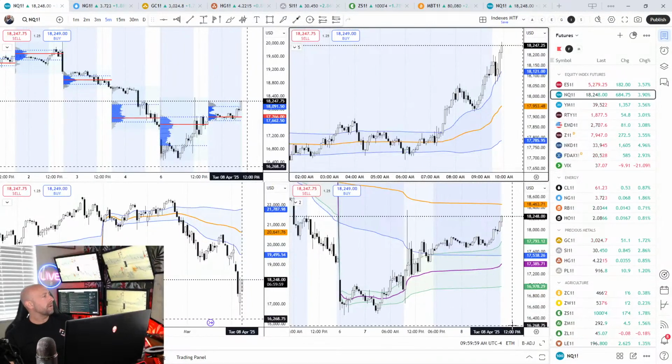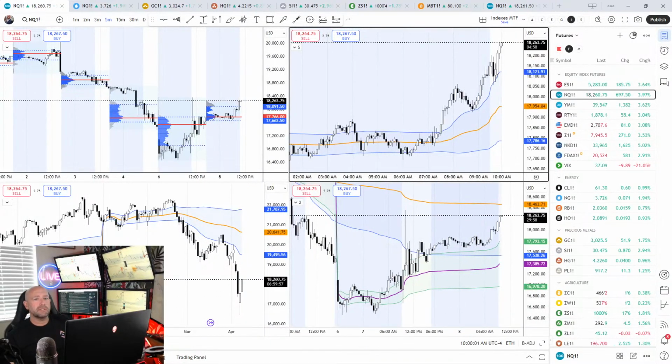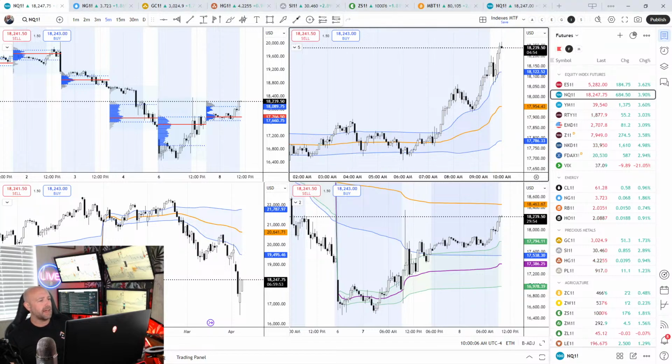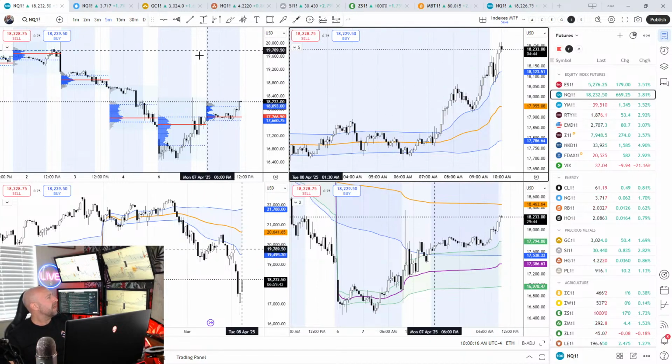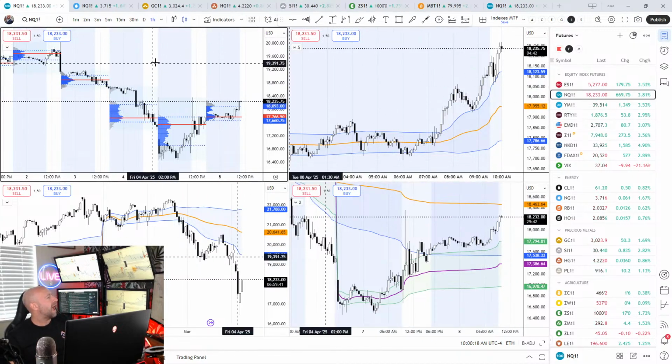So for our newer members here, let me just go over this, and you can hear the squawk box in the background. That's live news, so I'm always tuned in to breaking news as it happens in the market. You guys also have that benefit of this stream. So in the top left, this is my hourly chart.